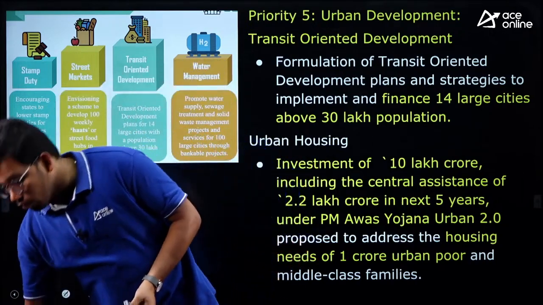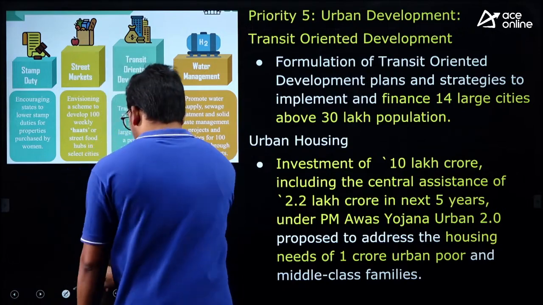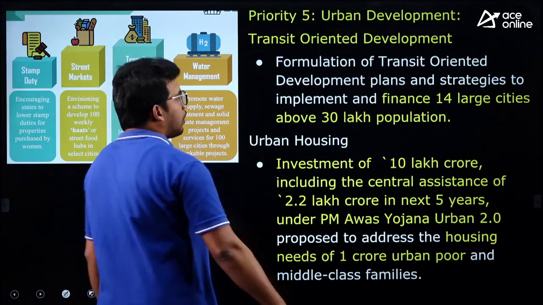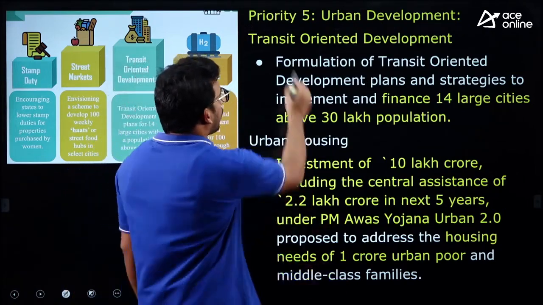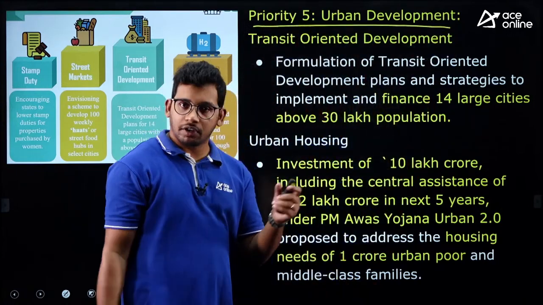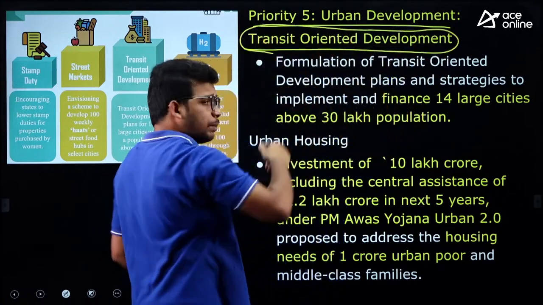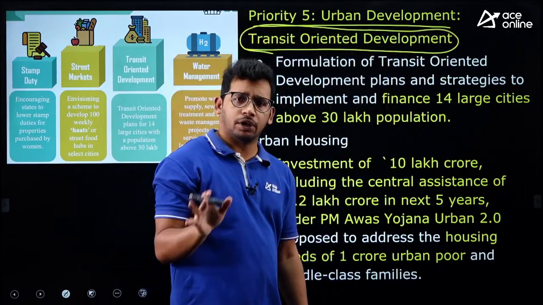Now we will go for priority 5, that is urban development. Under this, the first objective of the government is to develop transit oriented development. You might be facing a lot of struggle in terms of transport if you are in the cities.